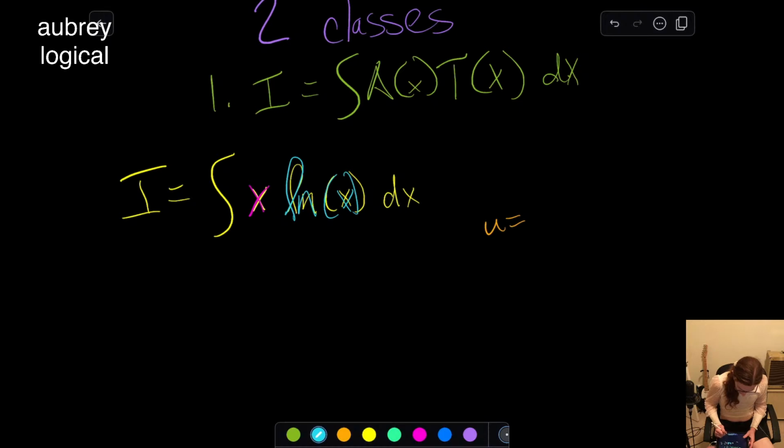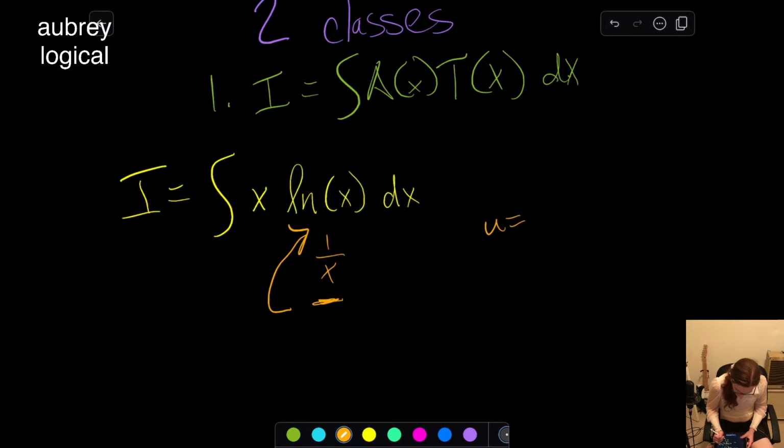So the derivative of ln of x is going to be 1 over x, which by logic, I guess, 1 over x is easier to work with than ln because 1 over x I think would be considered algebraic, or maybe even only rational.